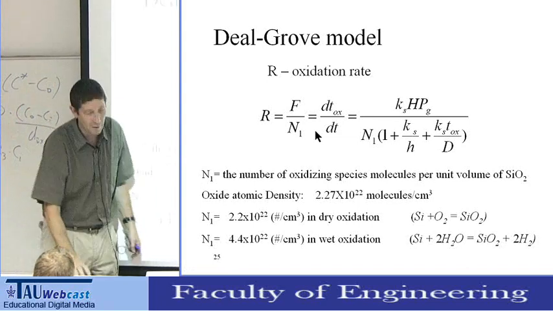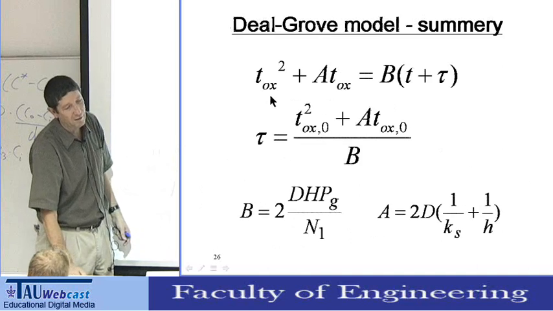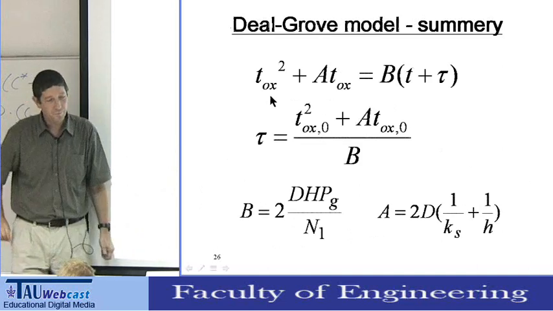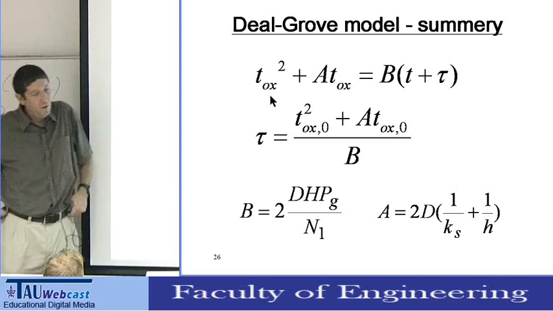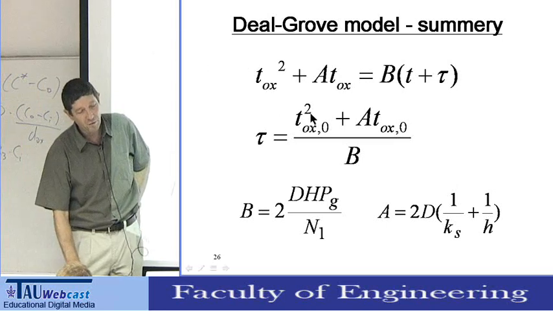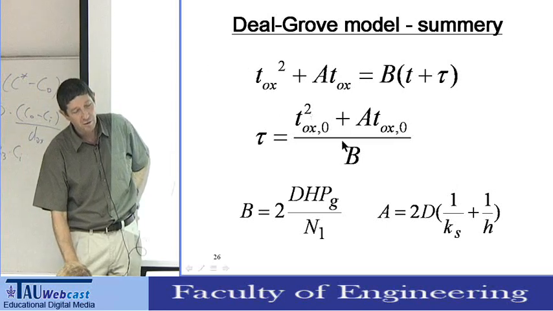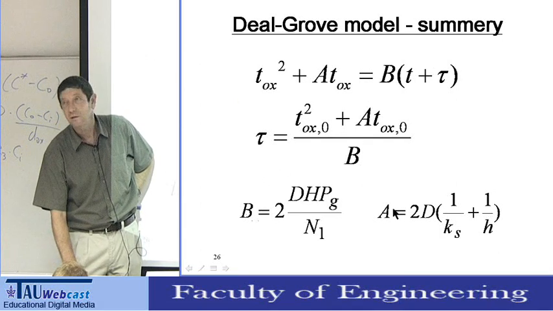So I can find an expression. What you find out is T oxide square plus A T oxide equals B times (T plus tau). Tau is a constant which depends on the initial oxide thickness, A and B. Now B is some constant and A is a constant.